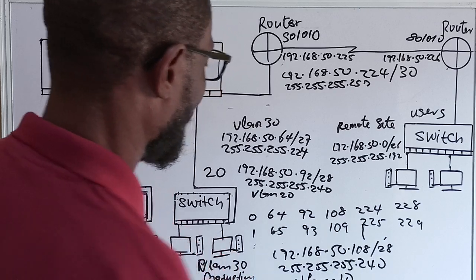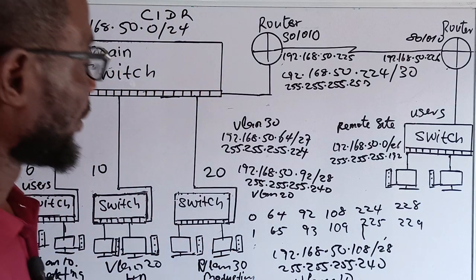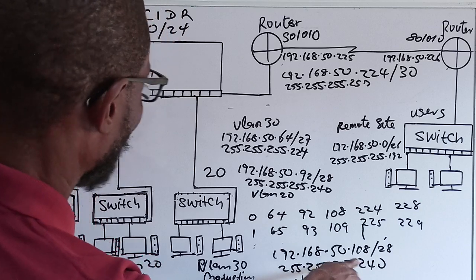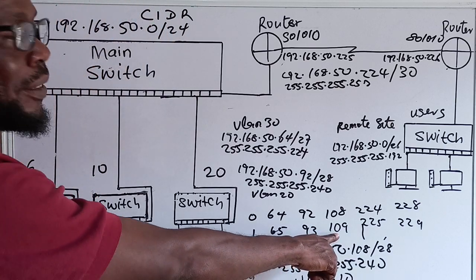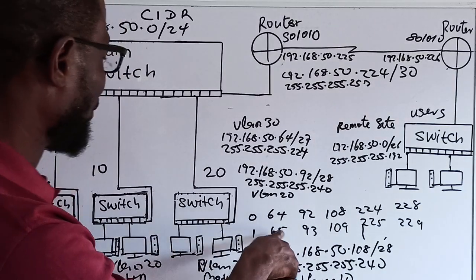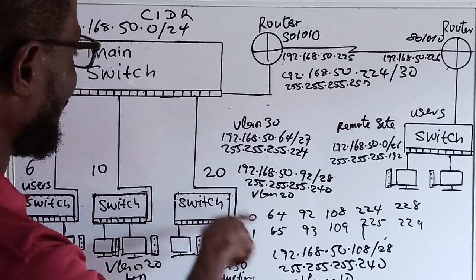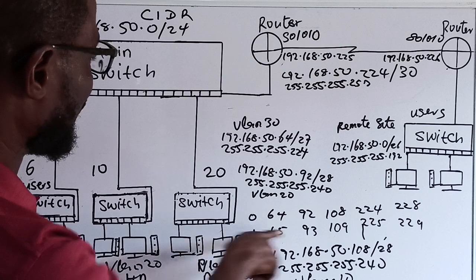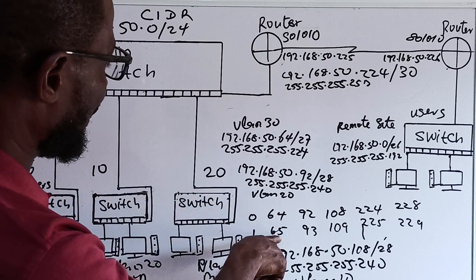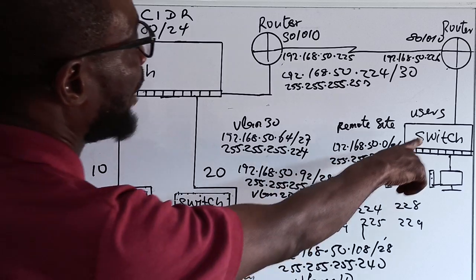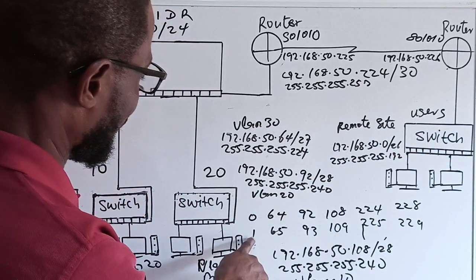The first usable IP address on VLAN 10 is 113. The first usable IP address in VLAN 20 is 97. The first usable IP address in this VLAN is 65. The first usable IP address at the remote site is 1.